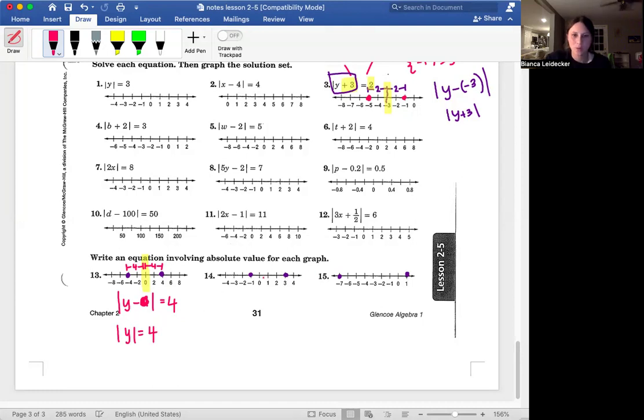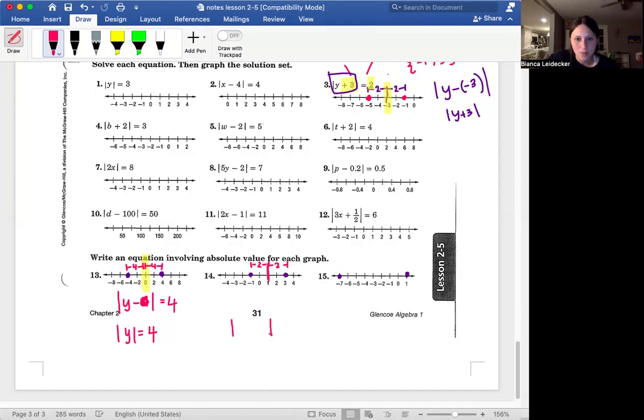Okay, these are counting up by 1, so hopefully that's a little bit better. My median is 1, and this time the distance is actually 2. And so I'm going to write my equation as absolute value.